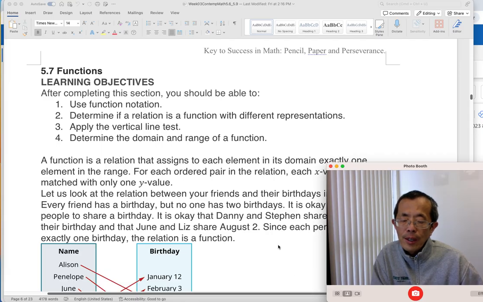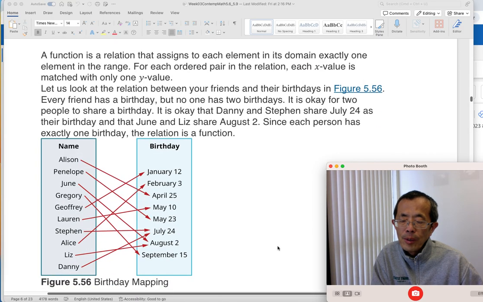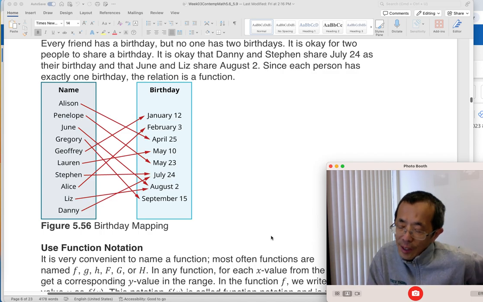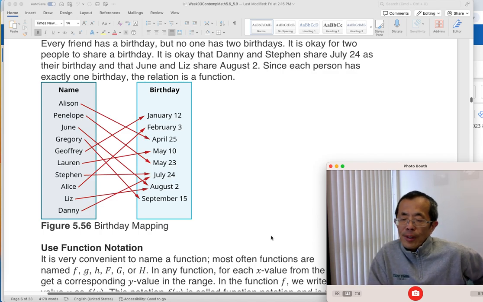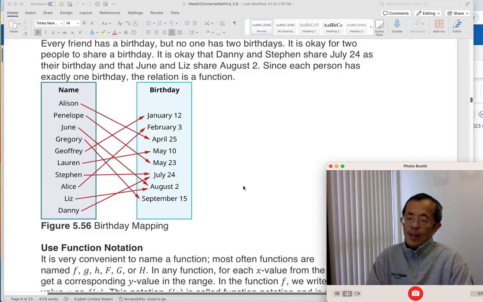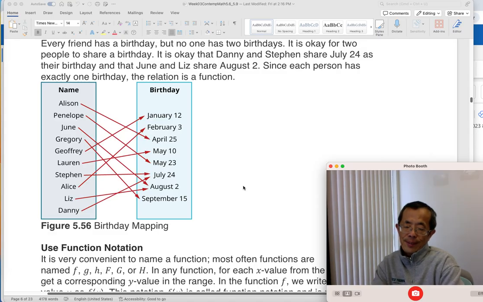We can look at the table in the textbook. You see, there are two kinds of things, right? The table to the left is a list of names. The table to the right is a list of birthdays. Looking at the very first name on the top, Allison has a birthday on April the 25th.